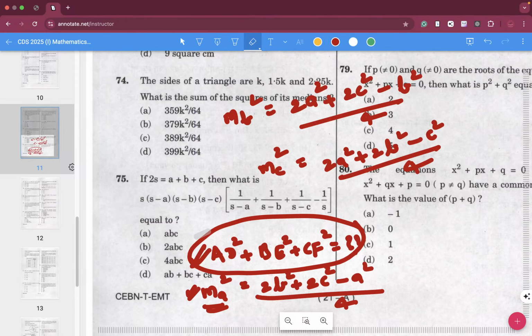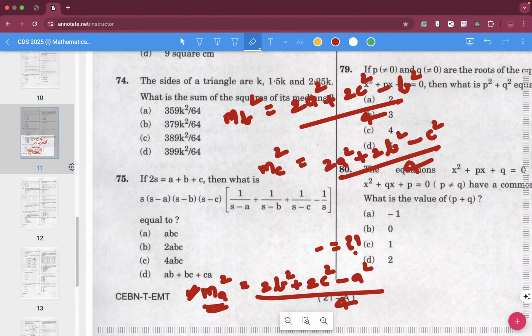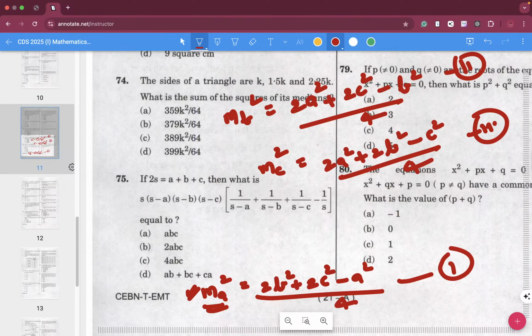Basically you have to do what? You have to add all of these three equations, equation 1, equation 2, equation 3 over here. So if you add this, what will you get?